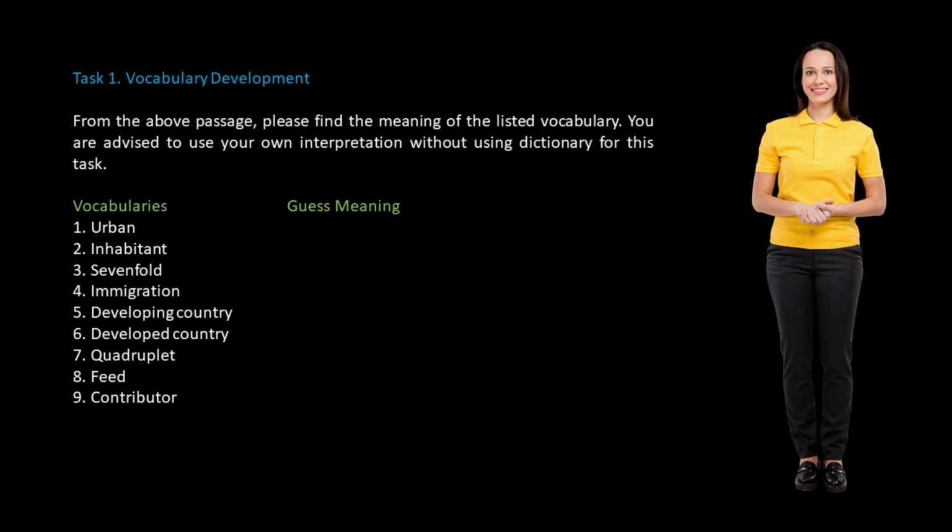Task 1. Vocabulary Development. From the above passage, please find the meaning of the listed vocabulary below. You are advised to use your own interpretation without using a dictionary for this task. 1. Urban. 2. Inhabitant. 3.